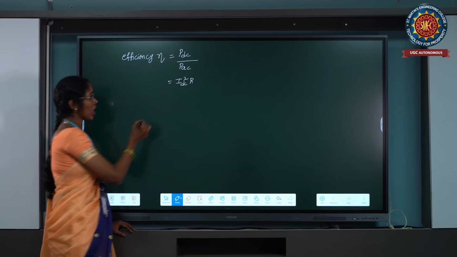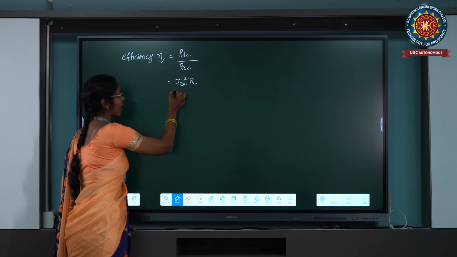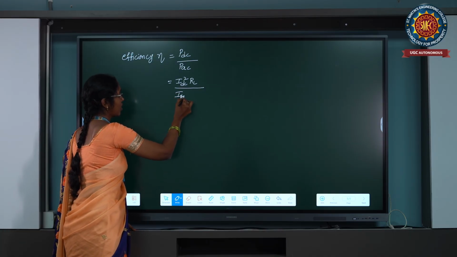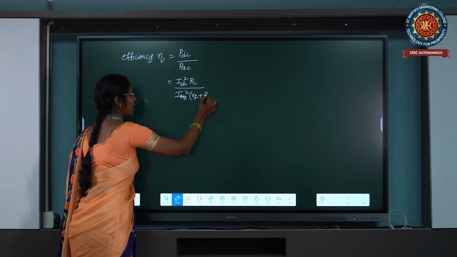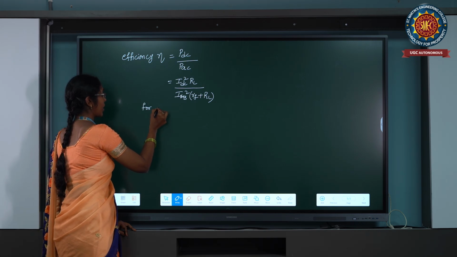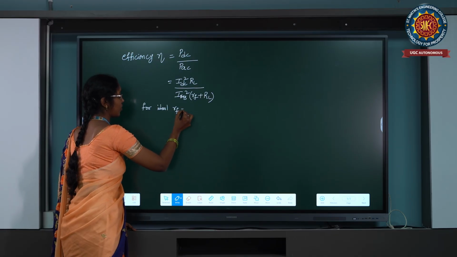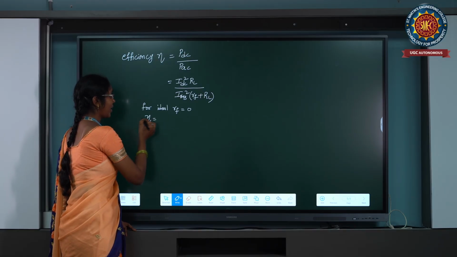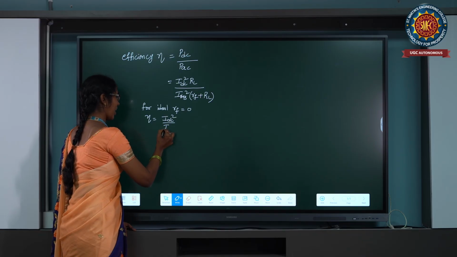Power is equal to I square R. So PDC is equal to IDC square into RL, by PAC is equal to IRMS square into RF plus RL. For an ideal diode, RF value is 0. For an ideal diode, the value of RF, means forward resistance of the diode, is 0. Due to that reason, eta is equal to IDC square by IRMS square.